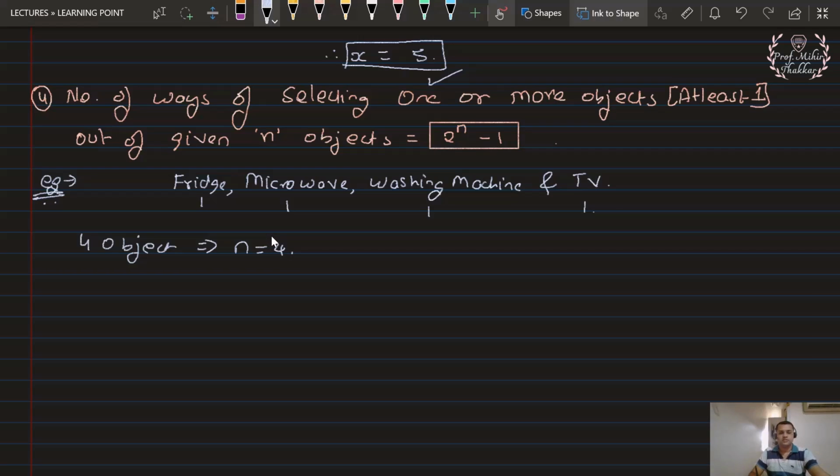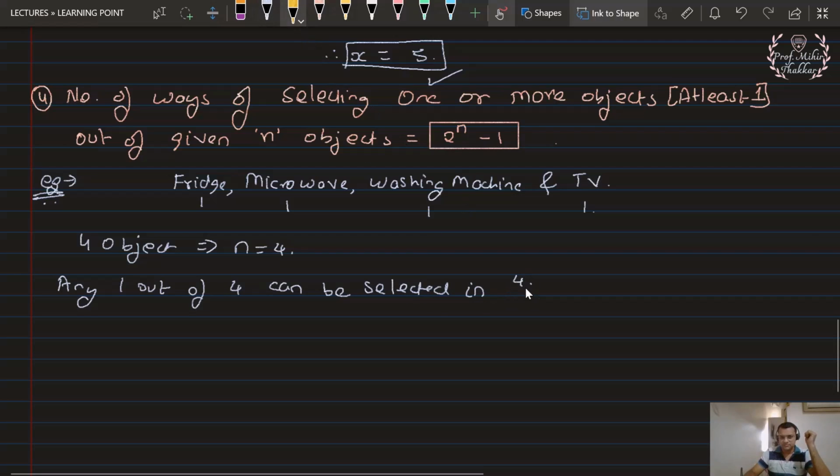So over here the question is I have to select either 1 out of 4, or 2 objects out of 4, or 3 objects out of 4, or all the 4 objects together. So any one out of 4 can be selected in 4C1 ways.